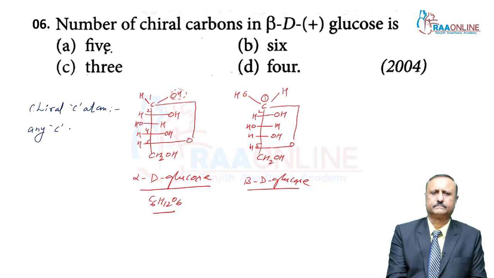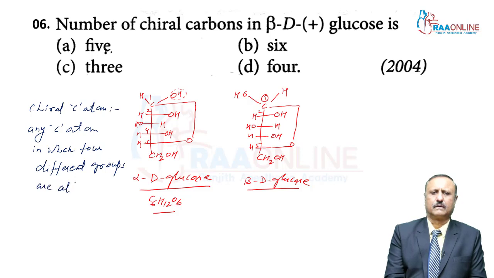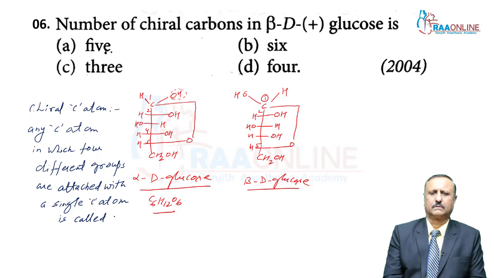Any carbon atom in which 4 different groups are attached to a single carbon atom is called a chiral carbon atom.